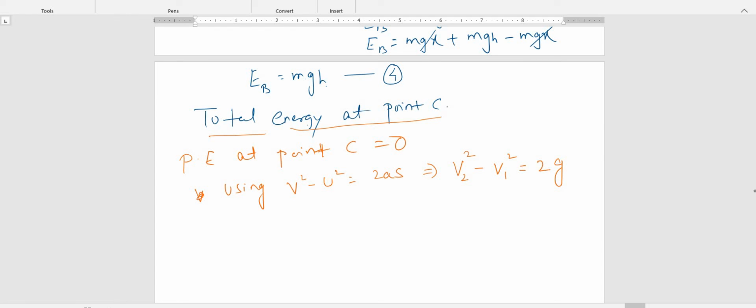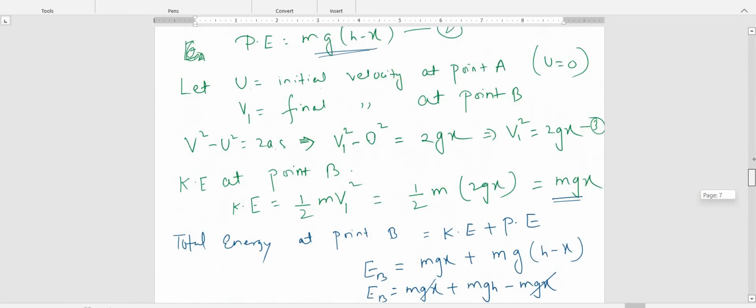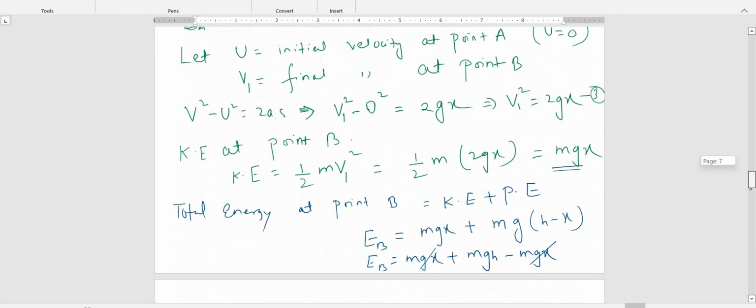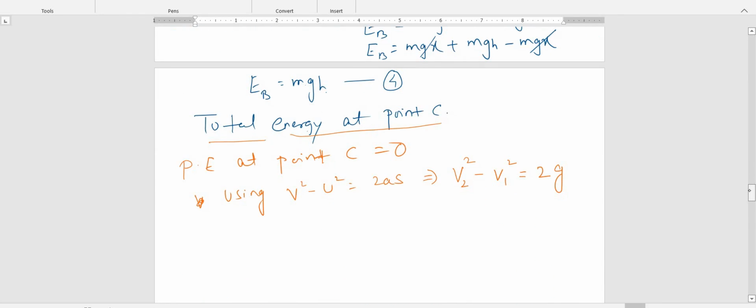From point B to C, what is the displacement? H minus x, no? You see the figure, h minus x, no? I am not considering this journey, only B to C. Okay, so this is h minus x.